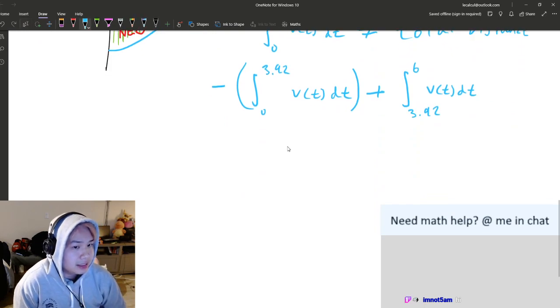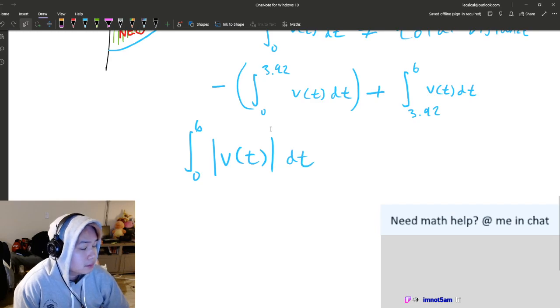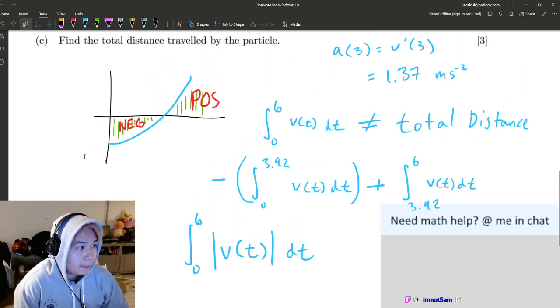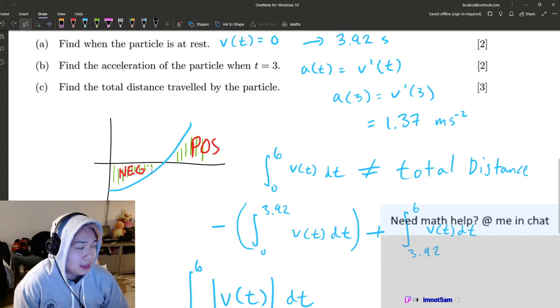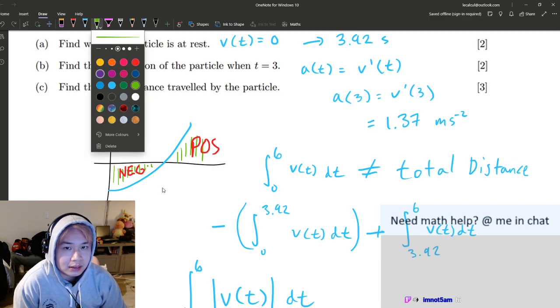Another way that you can do this is you can do the integral from 0 to 6 of the absolute value. Because the absolute value just means that you're going to vertically reflect any negative portions of your graph. Let's see, can I use a new color? Purple.